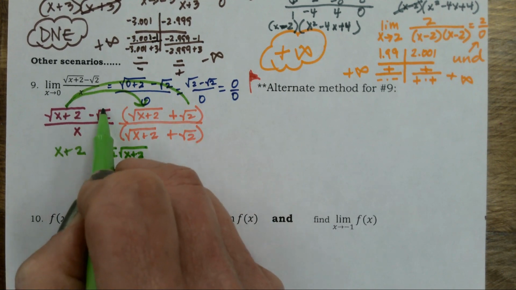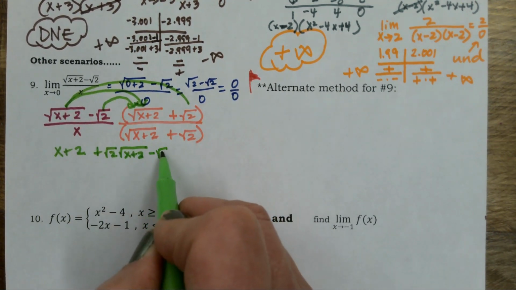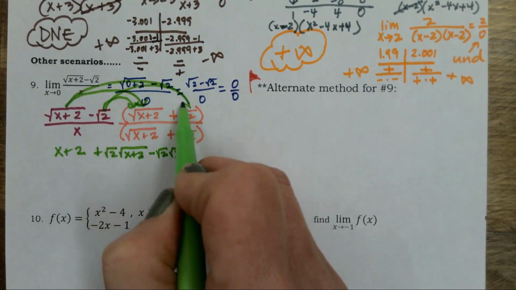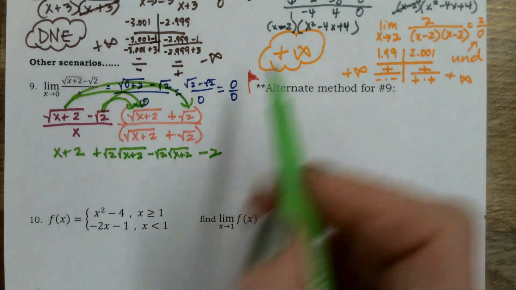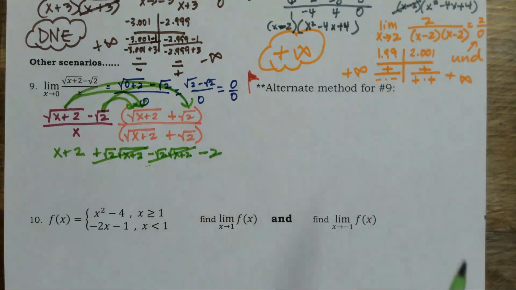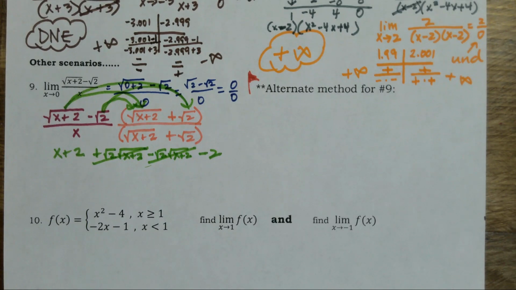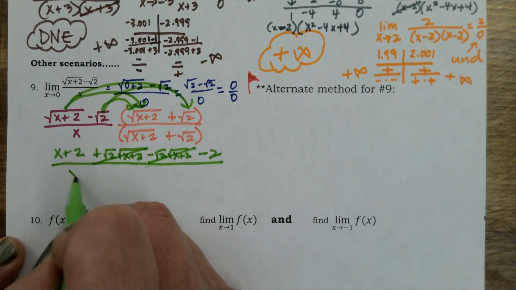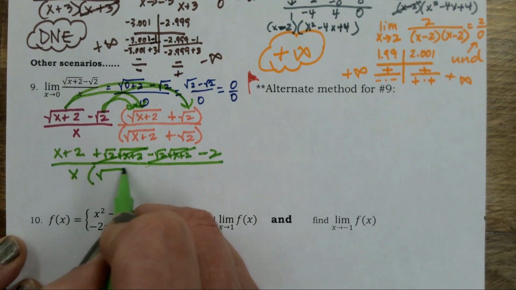And when I multiply the next one, it's minus the square root of 2 times the square root of x plus 2. And when I multiply the last, I get minus 2. This is why we use the conjugate, because it allows us to cancel out any term that has a radical in it. Usually we leave the radical in the numerator, but in this case we're going to leave the radical in the denominator. Don't multiply the x through because you can't really.